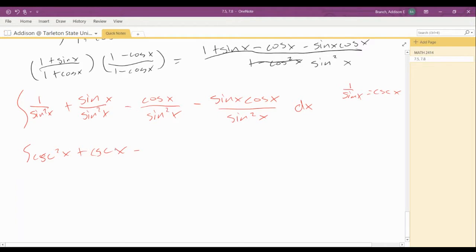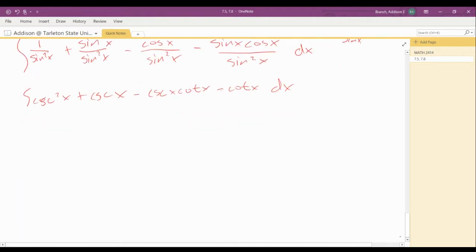We now have a cosine over sine squared. This can split up into cosine over sine times 1 over sine to get us cosecant times cotangent. And then, of course, over here, we get cosine over sine. When we simplify that, which is once again cotangent.